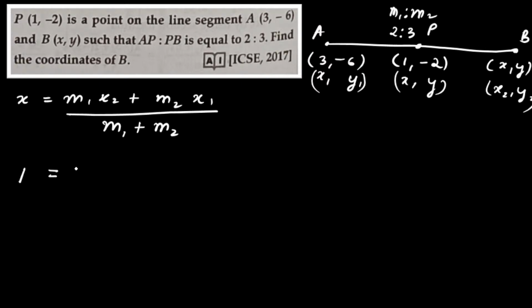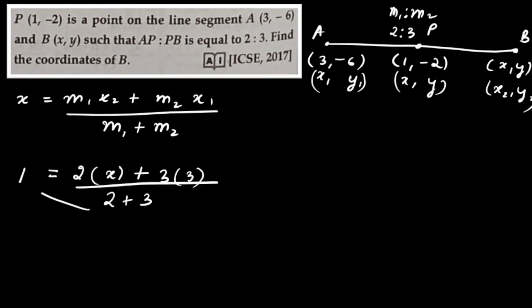M1 is 2. X2. X2 is x plus M2, M2 is 3. X1 is also 3, by 2 plus 3. M1 is 2, M2 is 3. So now this 2 plus 3 will get multiplied. So first of all, we'll just simplify the things. Then we will shift. First we will do simplification, then we will do the shifting.